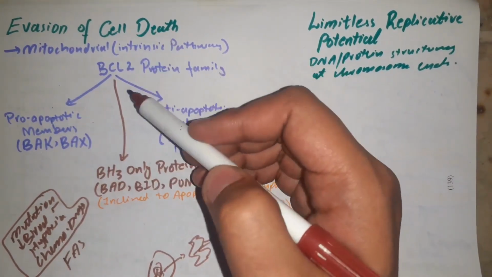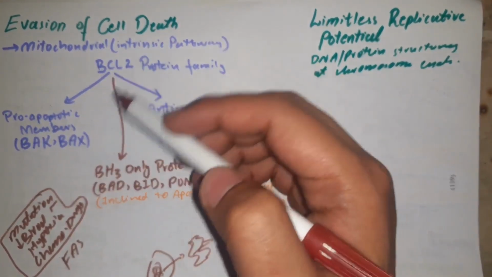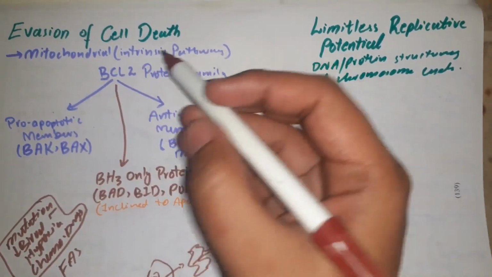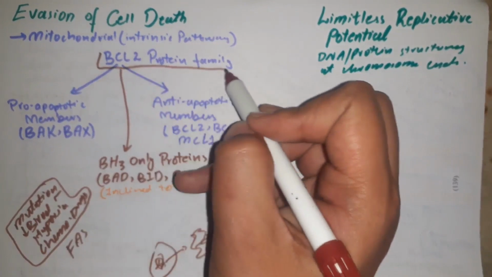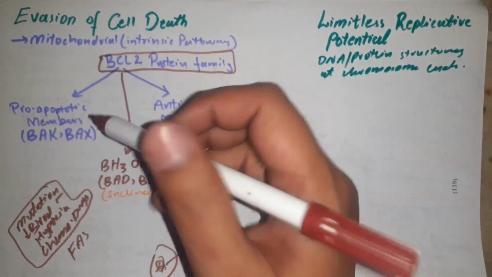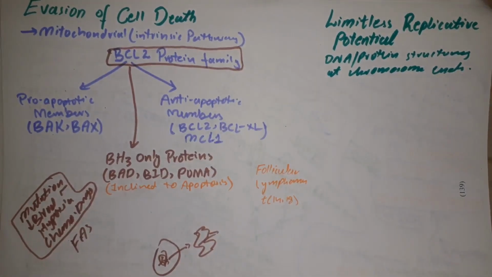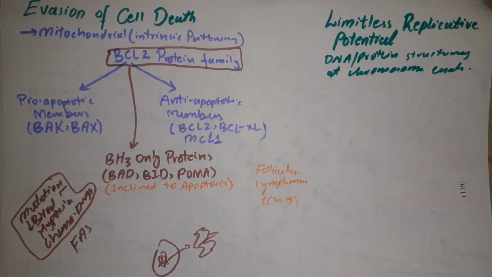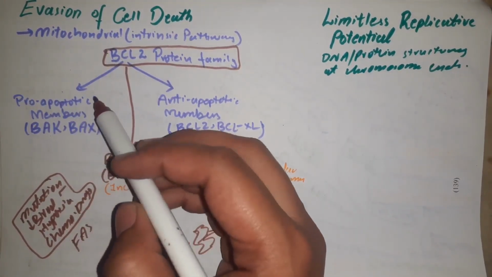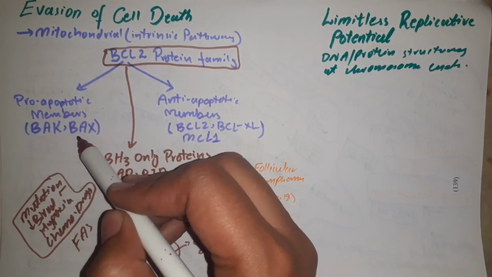Basically, we should know some protein factors before we dive into the details of this pathway. There is a protein family which is BCL2 protein family, and this BCL2 protein family has multiple proteins. Some of them are pro-apoptotic and promote apoptosis, and some are anti-apoptotic. Pro-apoptotic members are the proteins which lead to apoptosis, and include BAK and BAX.